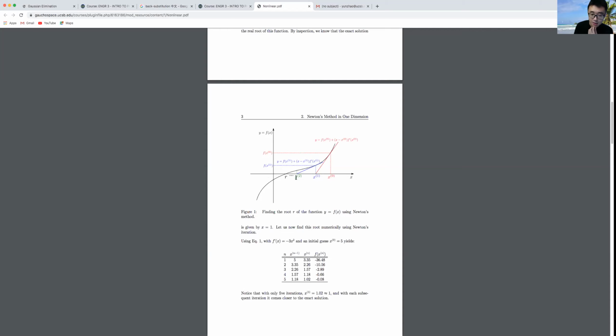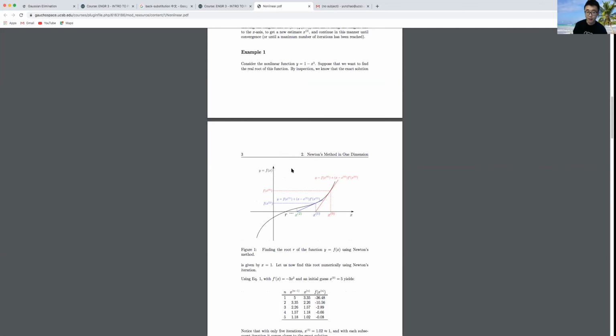As you can see, x2 is closer to R compared with x1. And we do this again and again and again. After a lot of iterations, we will get something maybe very close to R, or even get R.